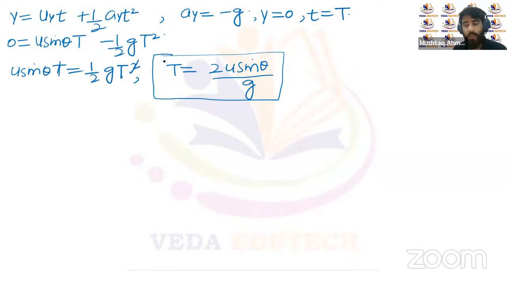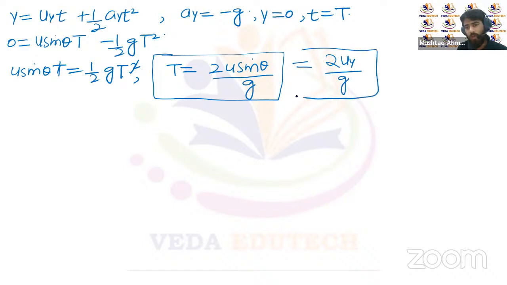So time of flight depends upon two factors, u and theta, right? We can also rewrite it, since u sine theta is our vertical component, as 2 Uy upon g. So this is also another representation of the time of flight, right?